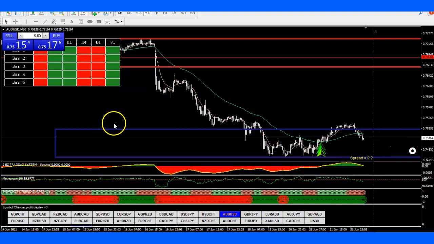So what I'm looking for on the simplicity system is the triple arrows. As soon as the triple arrow shows up, I look down.